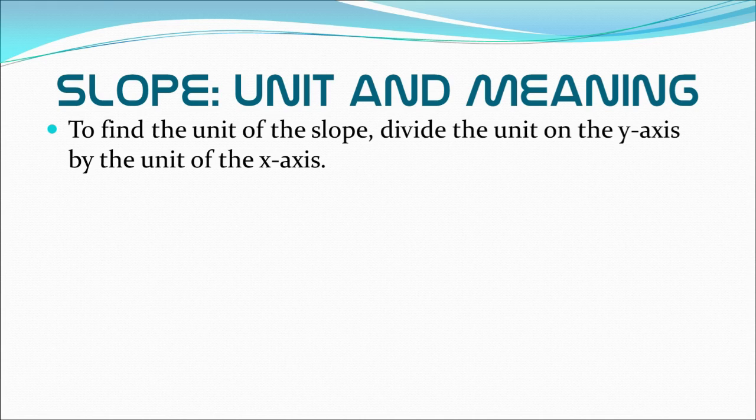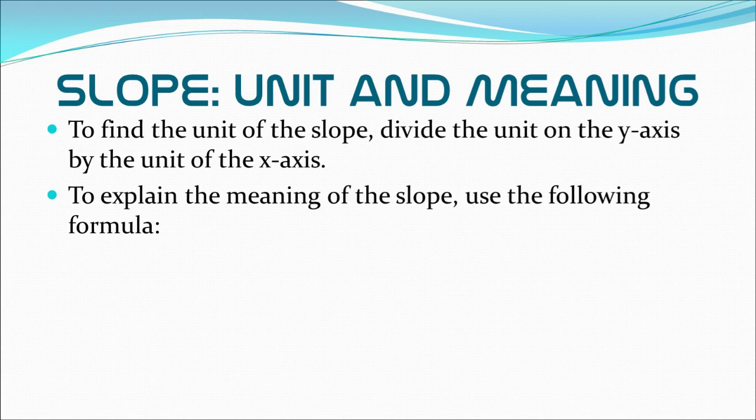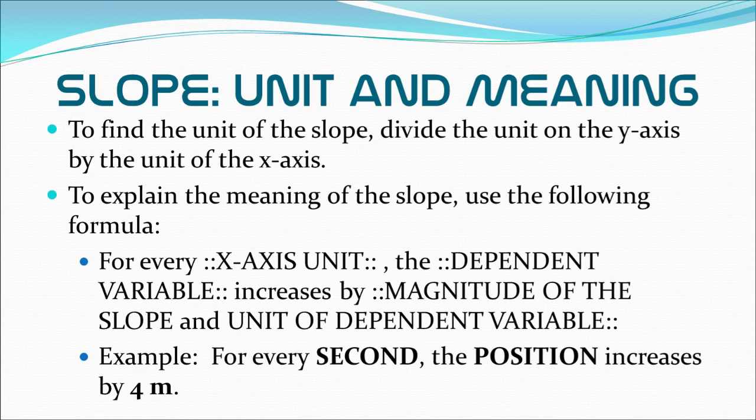In order to define or explain the meaning of a slope in a particular graph, you need to use this general formula or format. For every x-axis unit, so whatever the unit on the x-axis is, the dependent variable increases by the magnitude of the slope and the unit of the dependent variable.